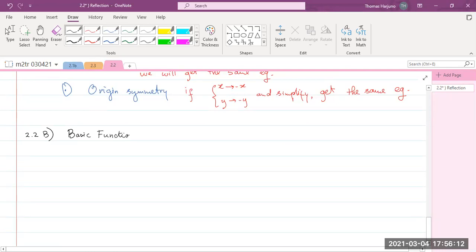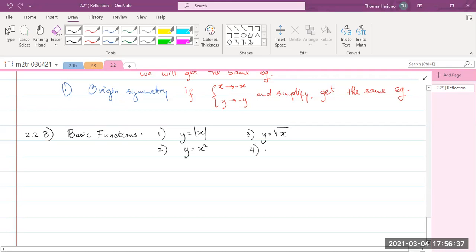Besides lines, which is supposed to be something you know by heart already, basic functions are ones you need to memorize everything about by heart. The first one, y equals absolute x. The second, y equals x squared. The third, y equals square root of x.